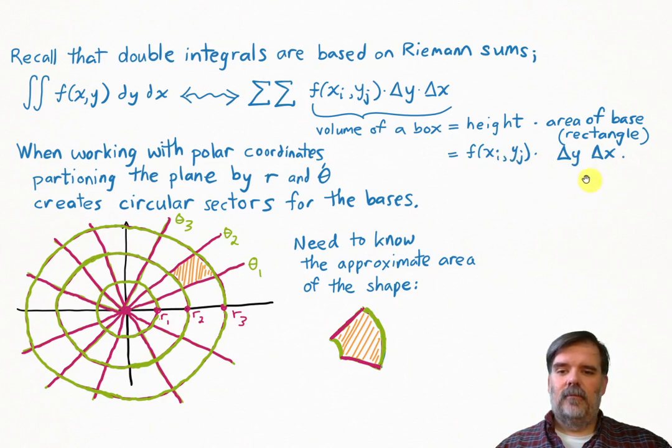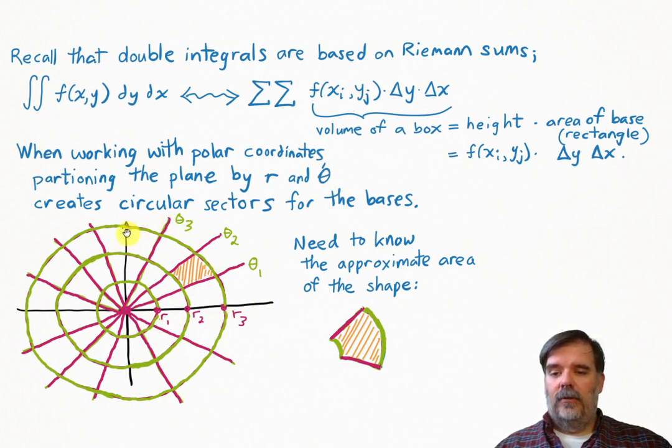Now, when working with polar coordinates, we could start with a similar Riemann sum approach, but because we're not working with x and y, we're working with r and theta, we're not dividing up along the x and y axes. We're dividing along the r direction, so along the radius, and we're also dividing along theta.